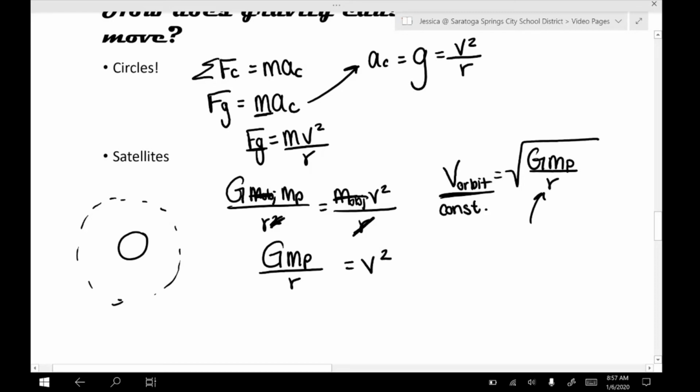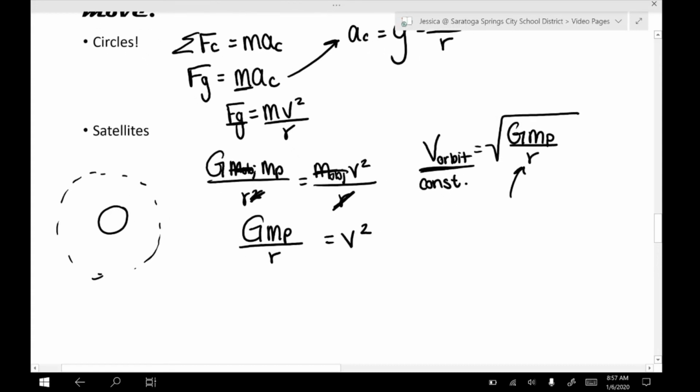So once we find that orbital velocity, it is a constant velocity. The constant velocity for anything moving in a circle is 2 pi r over the period. Okay, I know sometimes we use capital T for tension. It's also period. If it makes more sense to you to use a lowercase t, that's totally fine.